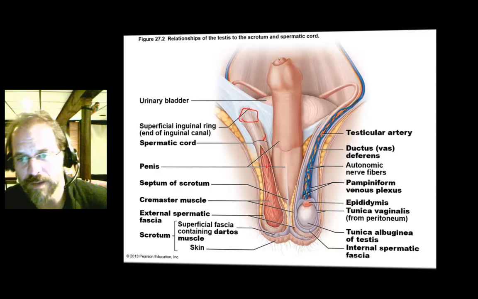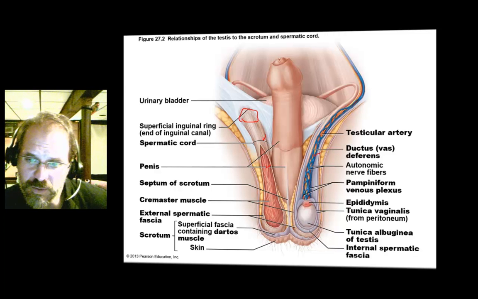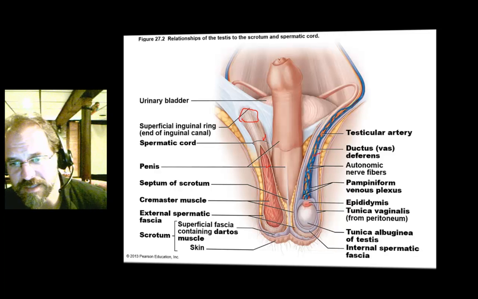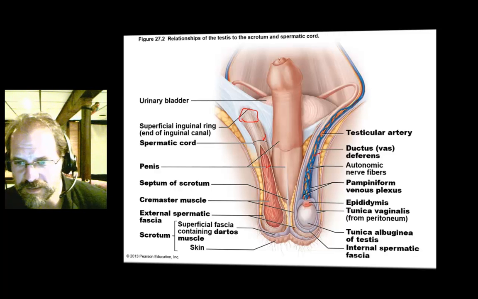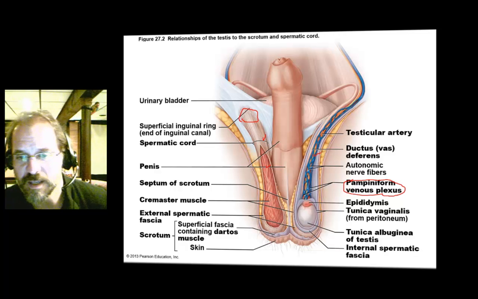And if you cut that open, then you'll see a network of blood vessels in there. The blue are veins, and these are actually the testicular veins, but they're in a network, and so they get called the pampiniform plexus. This word right here, or set of words. The pampiniform plexus is just a highly sprawled collection of veins that are bringing blood up from the testis.